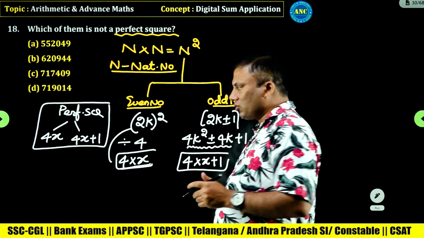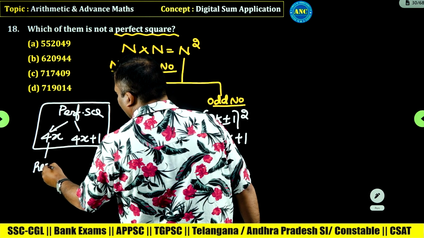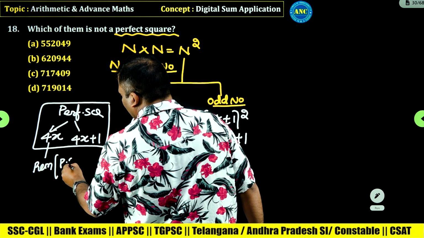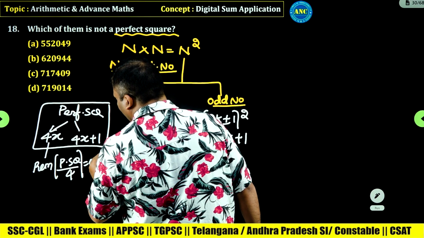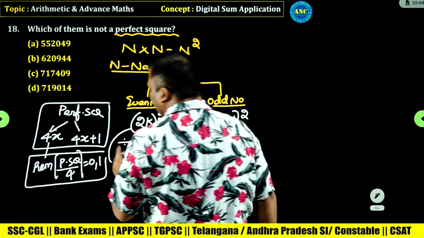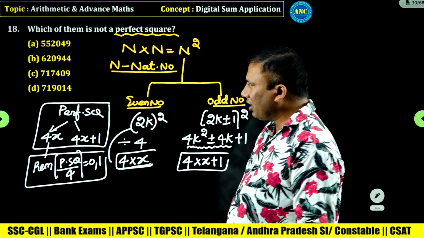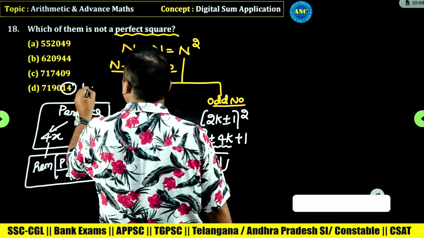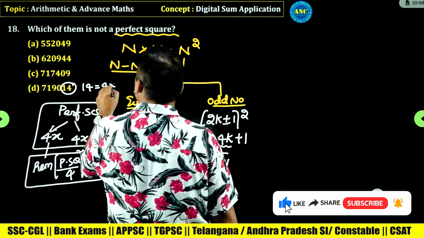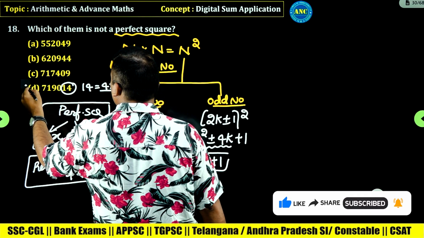Every perfect square, when divided by 4, gives either remainder 0 or 1. A very, very important concept. Divided by 4, remainder 0 or remainder 1. 4 threes are 12, it is a remainder 2. A 2 should not come.